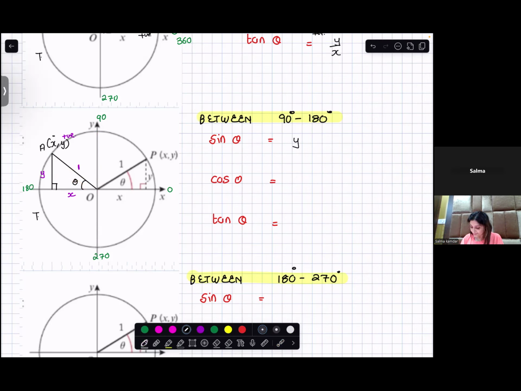Cos theta is the x coordinate, and I would say my x coordinate is negative, so this is going to be minus x. And tan theta, which is sine over cos, is going to be y over minus x. So it is going to be minus y by x.